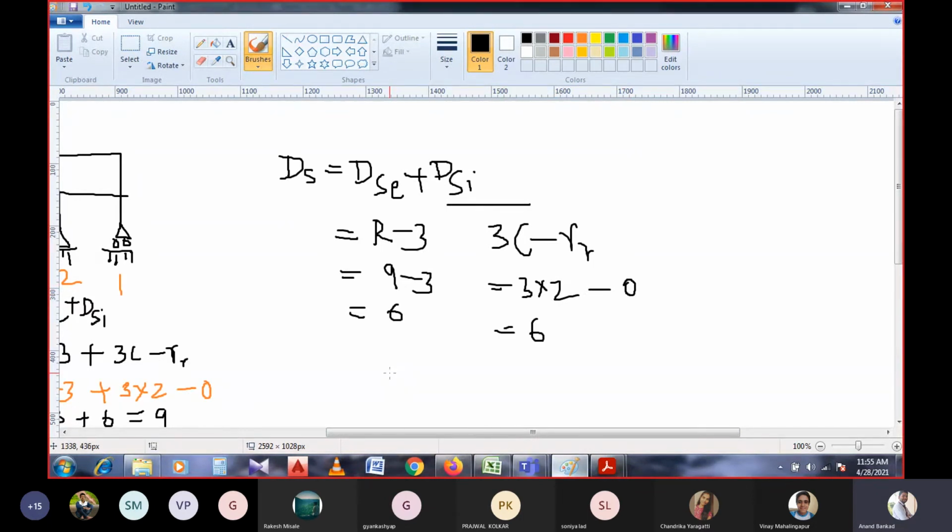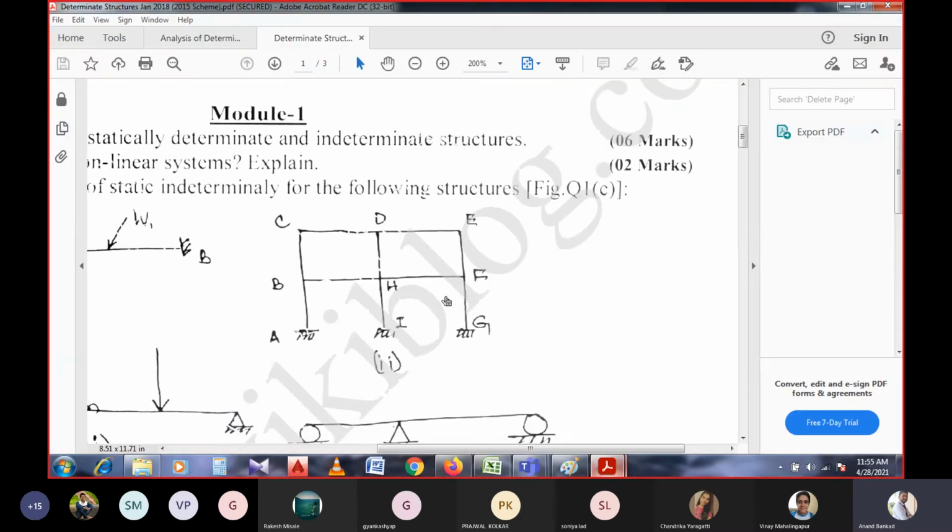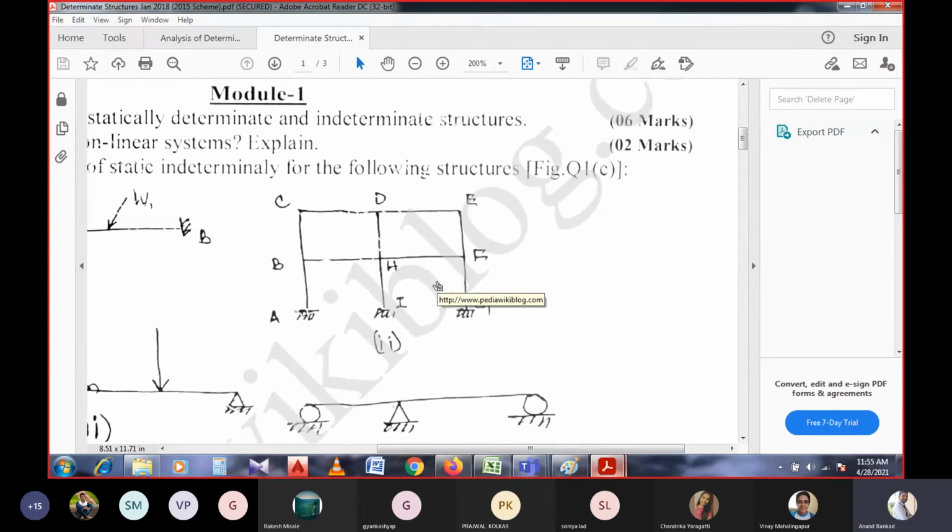So we have 6 plus 6, which is 12. That is 12 degrees of statically indeterminate. This structure is statically indeterminate to the 12th degree. So is that clear how we have calculated?